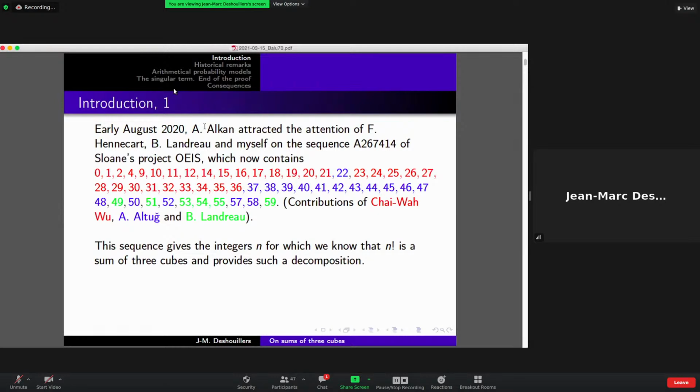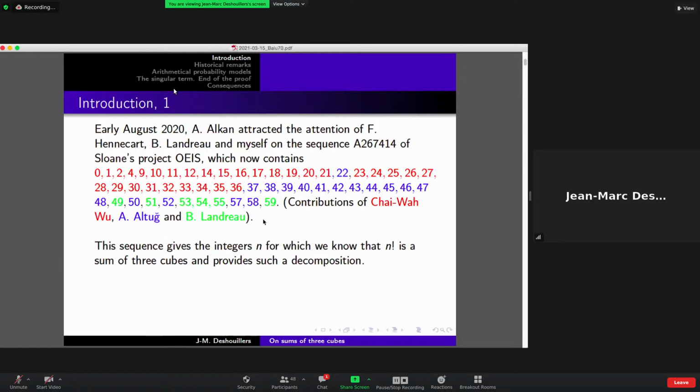Alto Alkan, a computer scientist in Istanbul, attracted the attention of François Engar, Bernard Landreau, and myself on a sequence in Sloan's project, A267414, which at that time stopped at 21 and now goes up to 59 with a few holes in it, one hole in 56. This sequence is the set of integers n for which we know that n factorial is the sum of 3 cubes. And each time it provides such a decomposition.